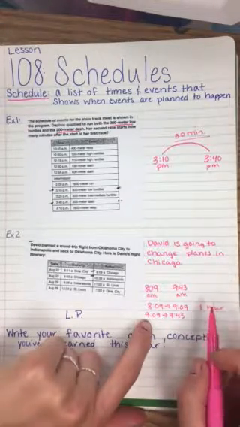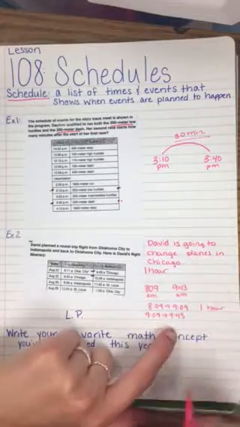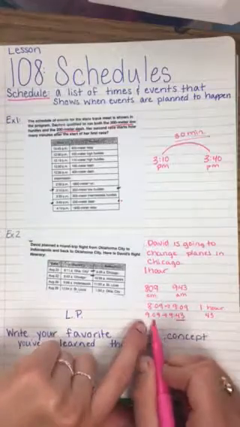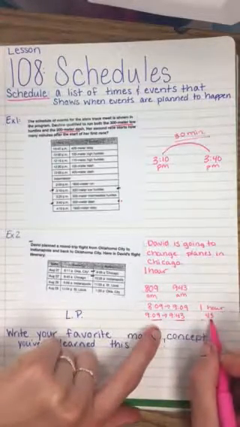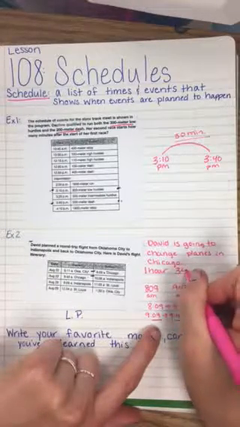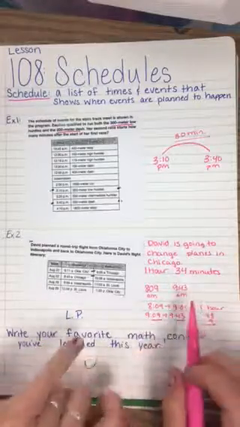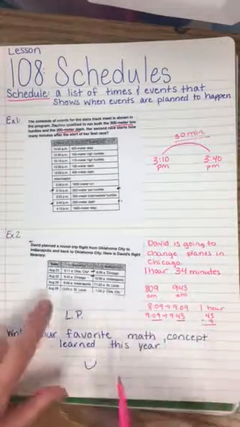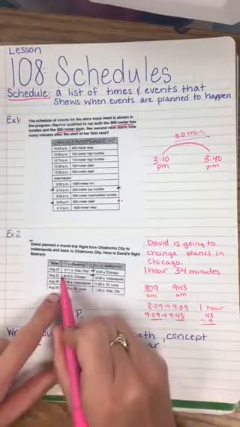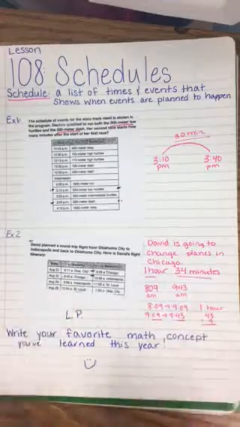So 1 hour at least. 1 hour, and now we're figuring out the minutes. So we're going to do 43 minutes. I get that from here, and I'm going to take away 9 minutes, okay? And I get 34 minutes. Okay, so the question actually is how much time does he have from when he arrives in Chicago to when he leaves Chicago? And the answer is 1 hour and 34 minutes.